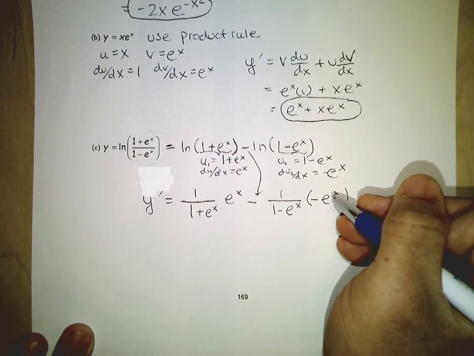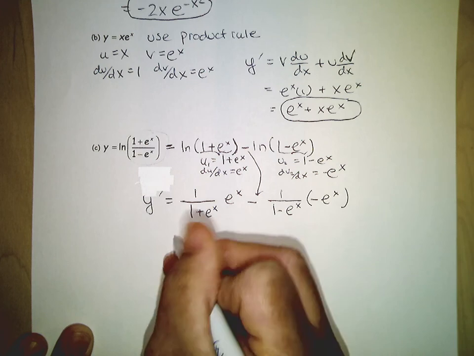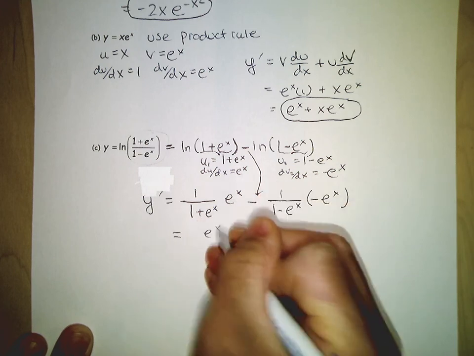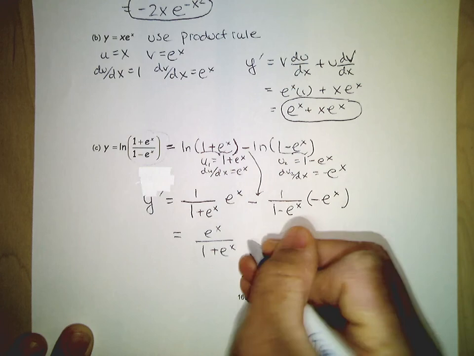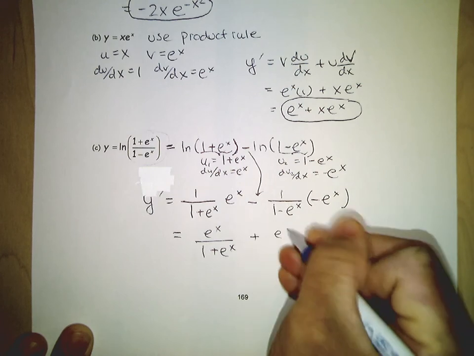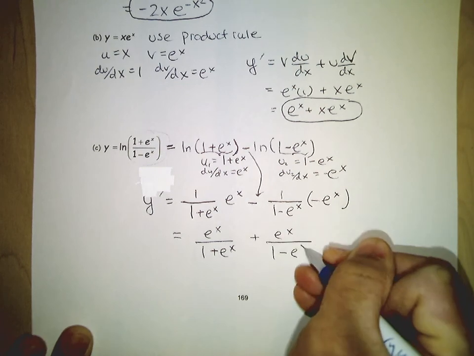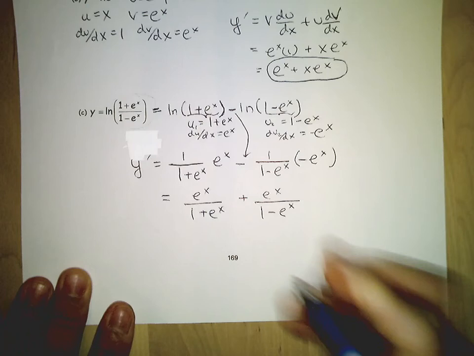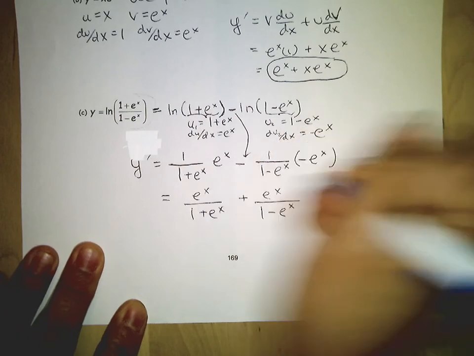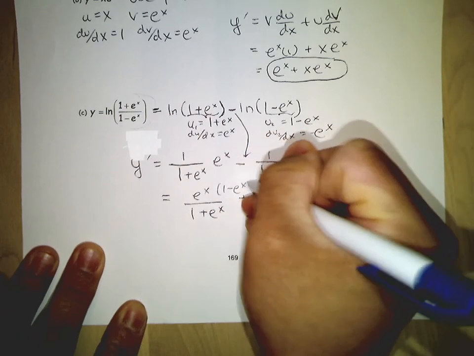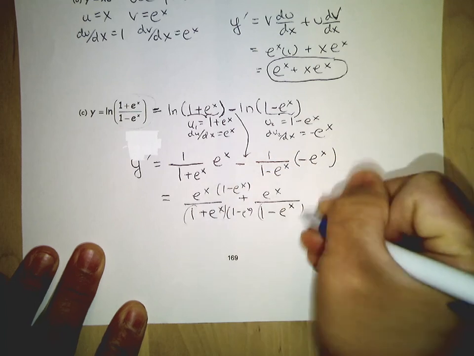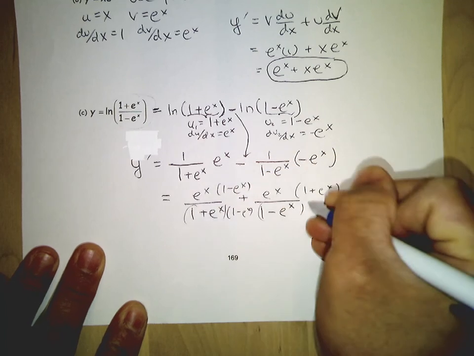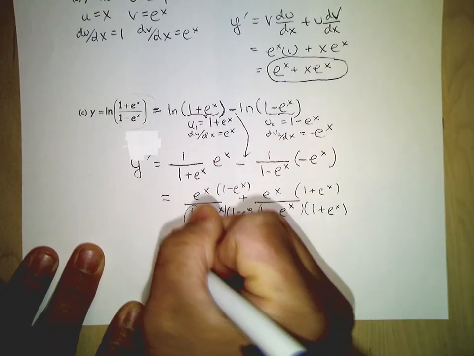And now I can just leave this as e to the x over 1 plus e to the x, and then minus times minus is plus, so plus e to the x over 1 minus e to the x. If I wanted to find a common denominator, I could multiply this by (1 minus e to the x) over (1 minus e to the x), and (1 plus e to the x) over (1 plus e to the x).